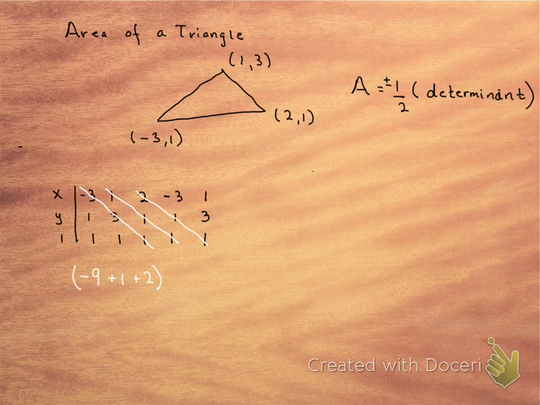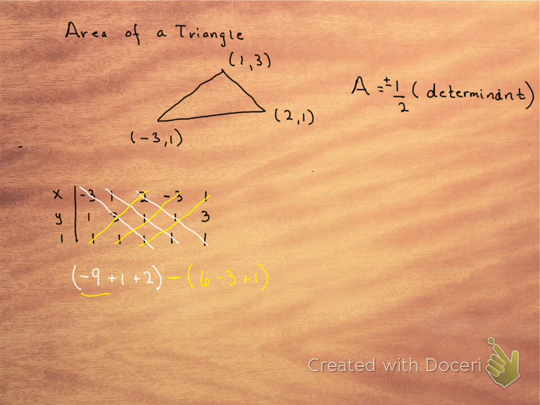Okay, then going the other way. I'm going to change color. Going the other way, we've got 1 times 3 times 2 is 6, plus 1 times 1 times -3 is a -3, plus 1 times 1 times 1.